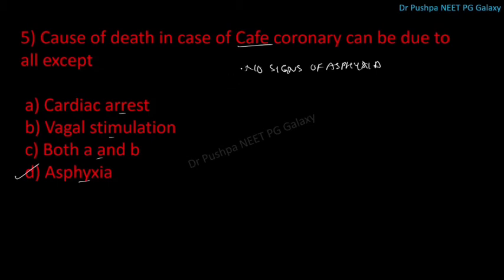So this cafe coronary is a term coined by Roger Haugen. So what is this cafe coronary? Usually seen in case of intoxicated persons. So there will be inhibition of gag reflex.